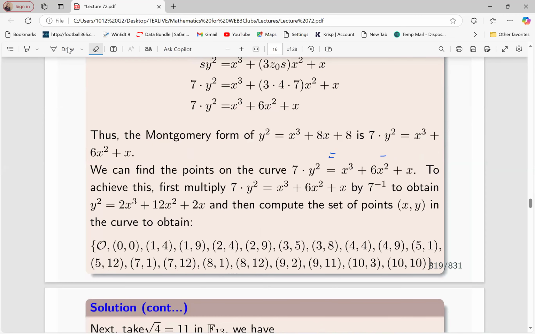So how many are they? 1, 2, 3, 4, 5, 6, 7, 8, 9, 10, 11, 12, 13, 14, 15, 16, 17, 18, 19, 20. Of course, the curve we are converting had 20 points.